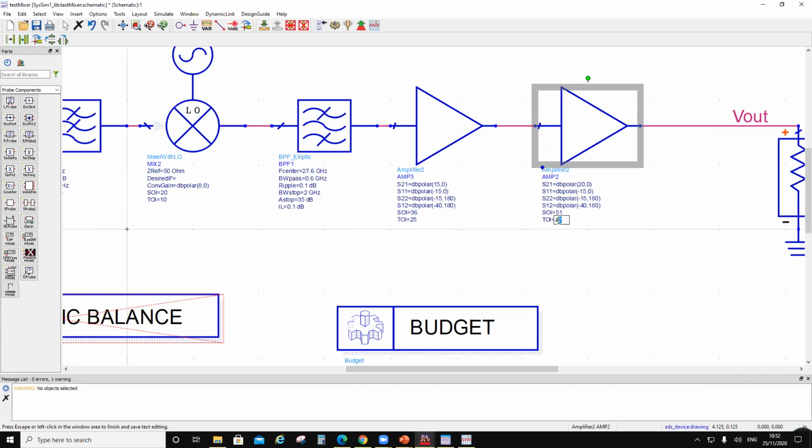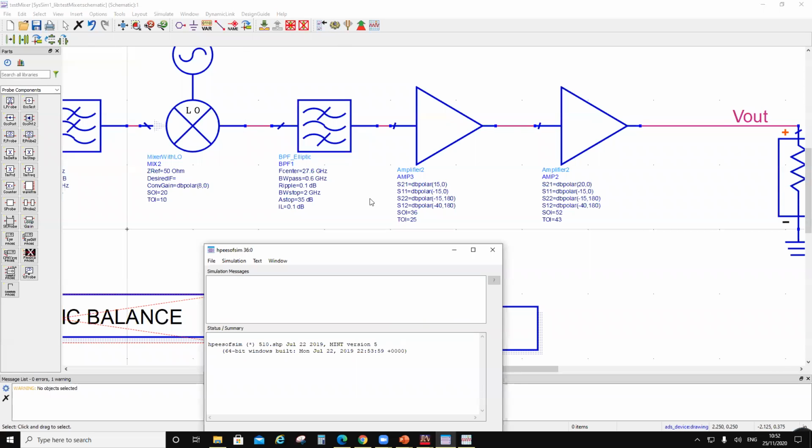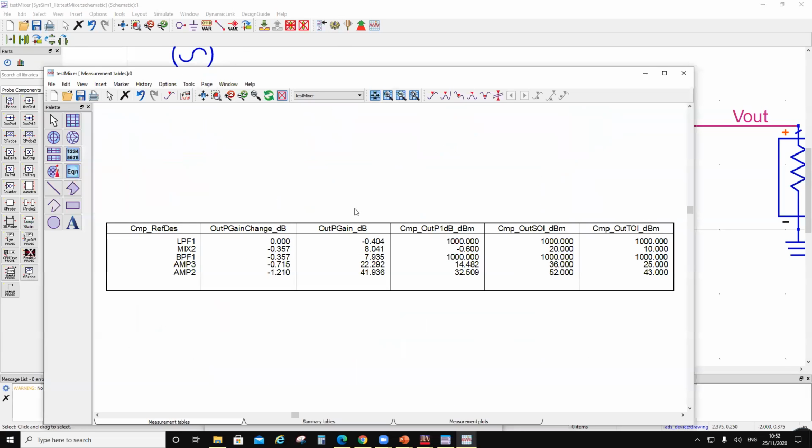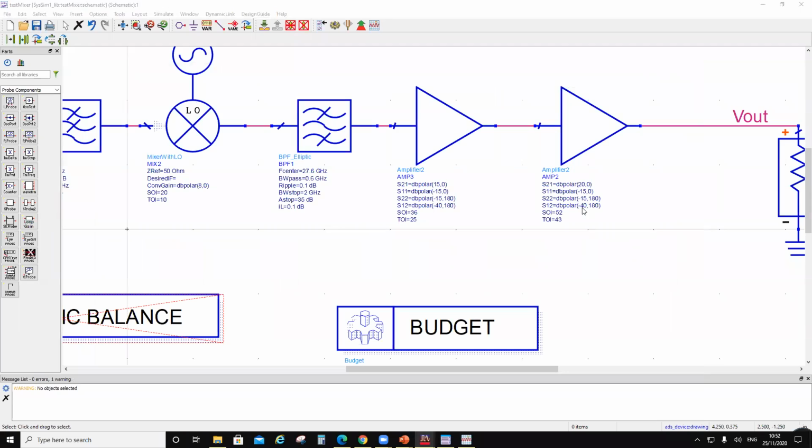Okay, so let's change this a little bit up. Let's see this again. So now this is basically a compression of this stage. Hang on, I'll answer your question.